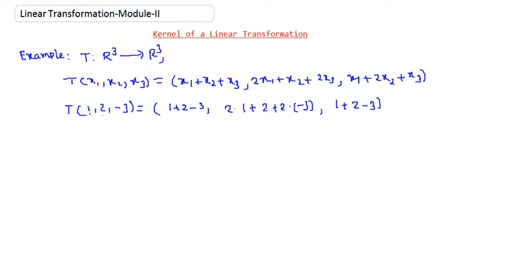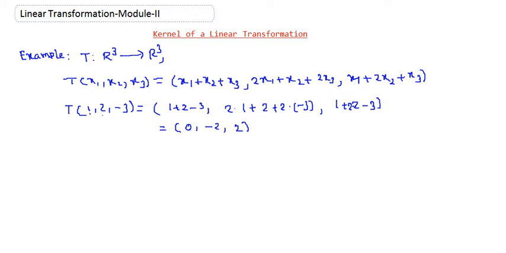I made a mistake earlier, sorry. So it goes to the point (0, -2, 2). That's how the mapping is defined.